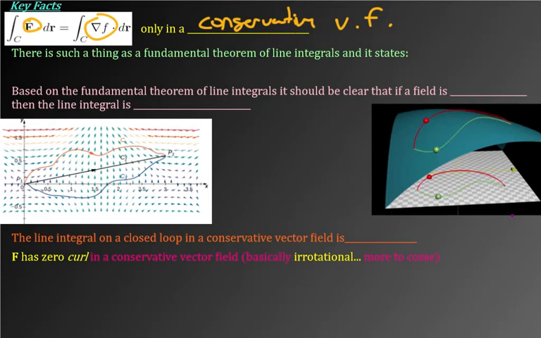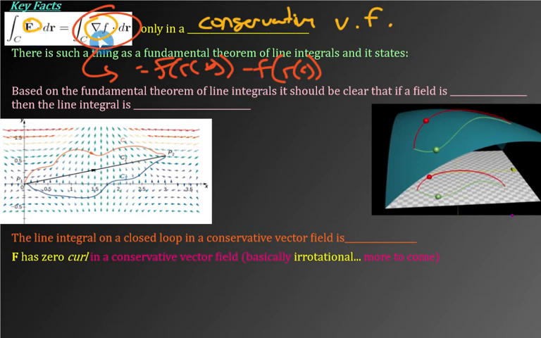There is such a thing as a fundamental theorem of line integrals, and it's basically saying that this integral right here is equal to f of r of b minus f of r of a. And that is specifically this f, lowercase f, not big F. We'll talk about that in a second.